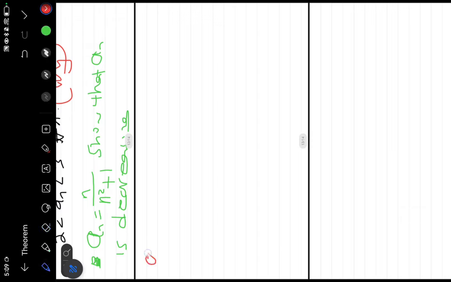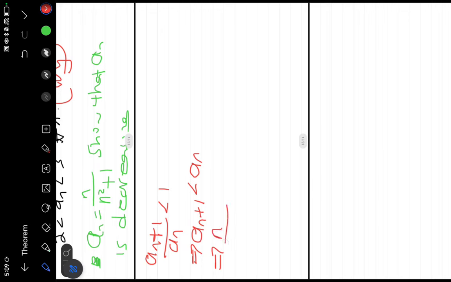So we can say A of n plus 1 all over A of n is less than 1, which would imply that A of n plus 1 is less than A of n. Then I plug this in. So I'll have n plus 1 over n plus 1 squared plus 1, which is less than n over n squared plus 1.